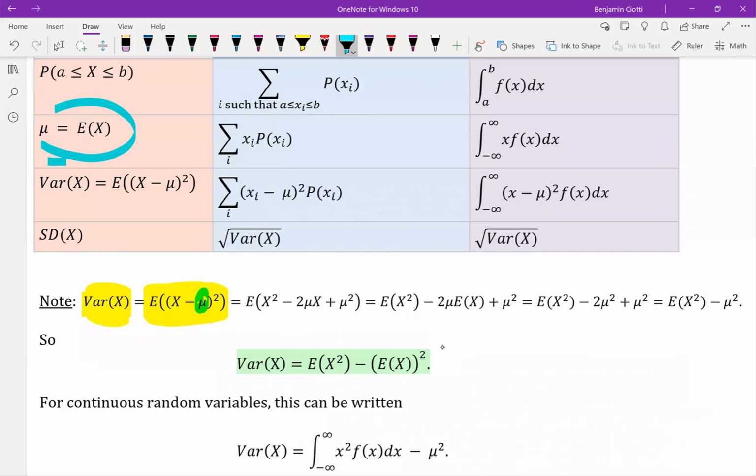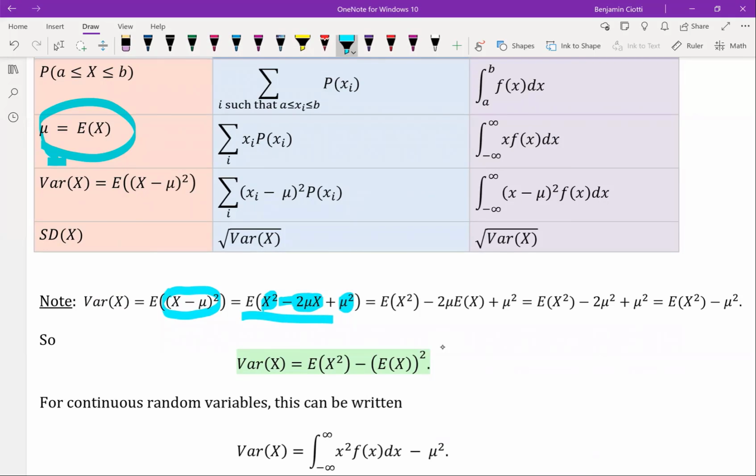And mu, by the way, is the mean, but it's just a number. It's some number, right? So given this random variable, its mean is a fixed known number. So let's expand out this square by distributing out the terms. We'll get an x squared and a 2 mu x and a mu squared.